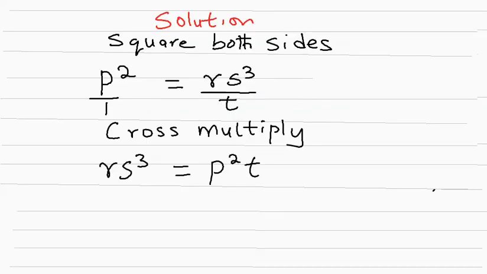Of course, you know very well now, for me to get my r, r is going to be equal to p squared t, divided by x cubed. As simple as that.